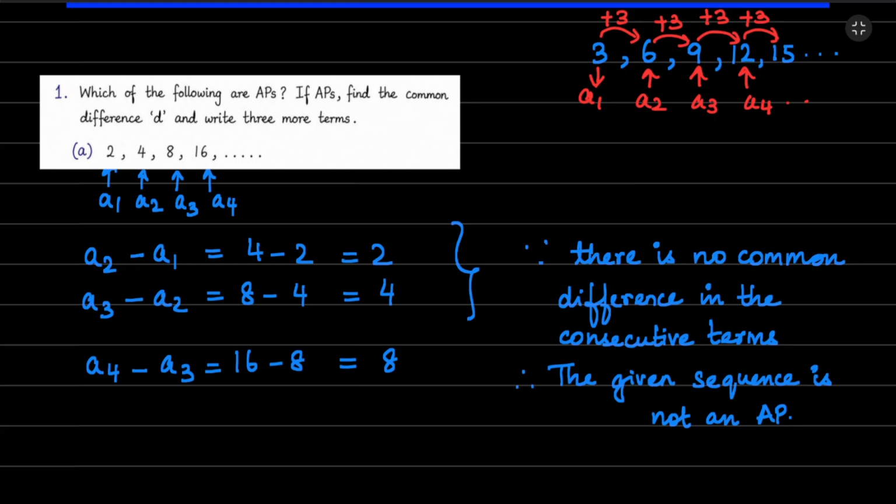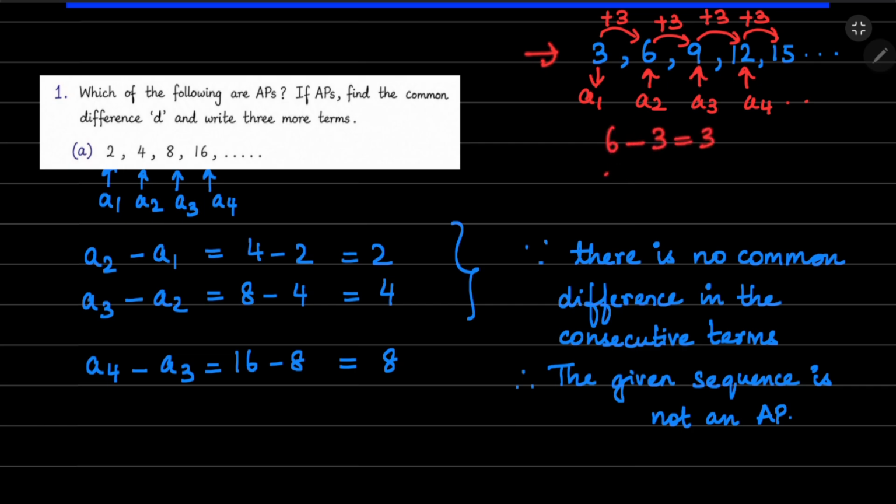So that's all. If you find that the given sequence is an AP, then you have to find the common difference, and you can write 3 more terms. Just like here, if this was the sequence, what would you do? You will calculate A2 minus A1, which is 6 minus 3, it's 3.